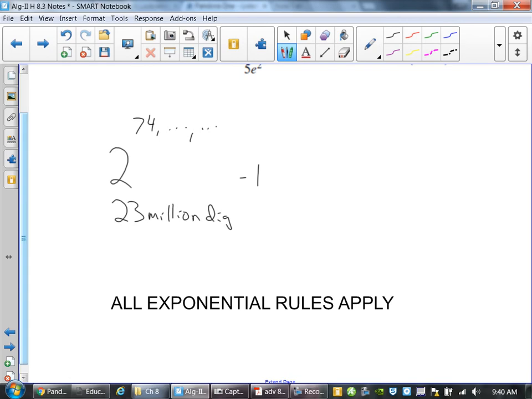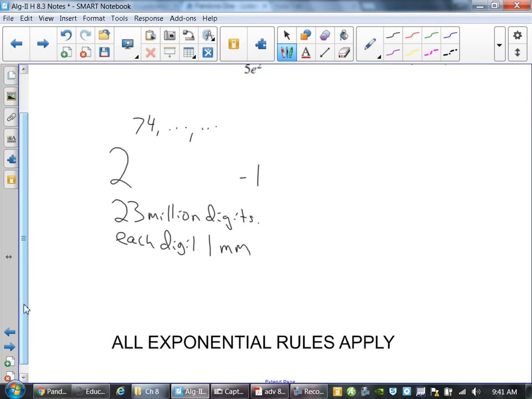Yep. And this is where it gets crazy. If each digit was only a millimeter wide, this number written out would be roughly 13.5 miles long.